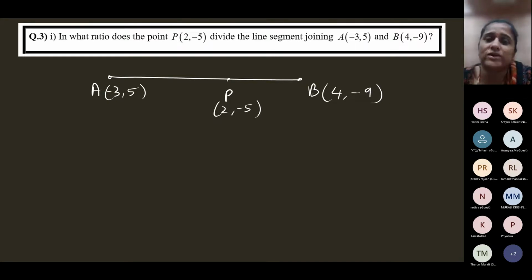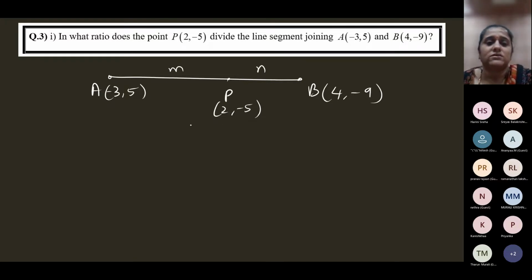Some schools use m/n, some schools use k/1. I'll show you both methods, but I'll always work with m/n. You can also do k/1. I'll do m/n first.